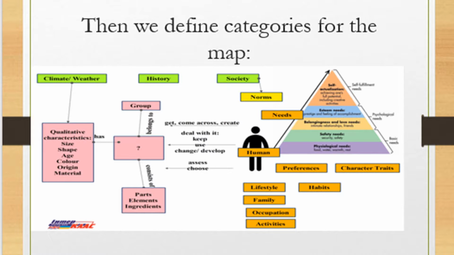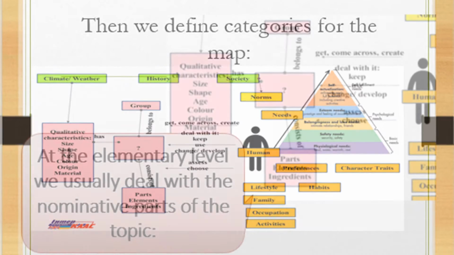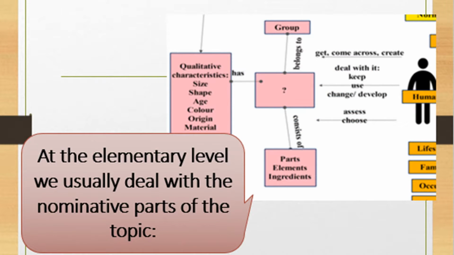climate, weather, but that will be much later. So these topics can be spread during the whole course of learning, and at the elementary level we usually deal with the nominative parts of the topic. So usually we talk about a word, and we explain the parts of the word, what group this word belongs to.